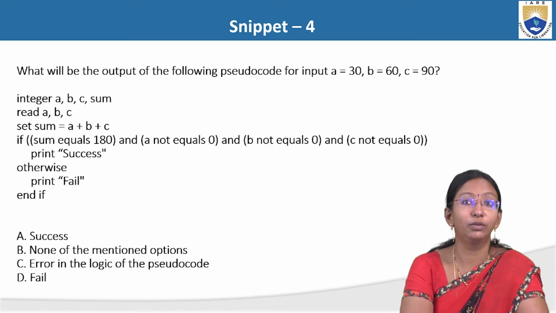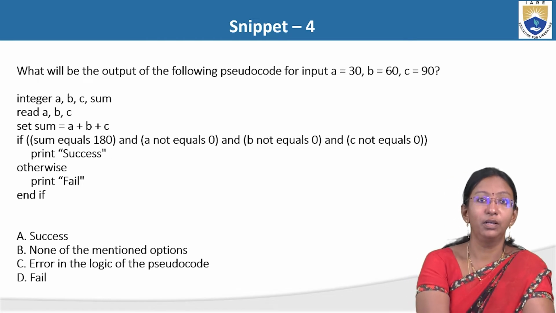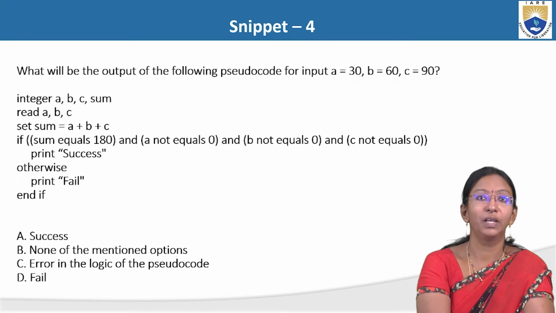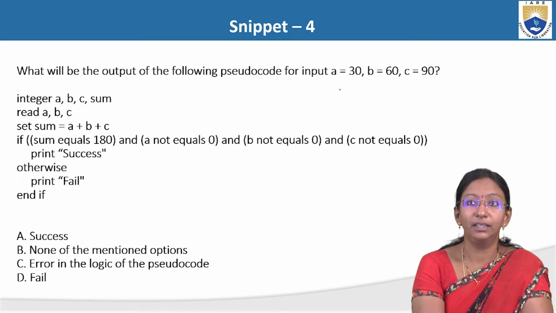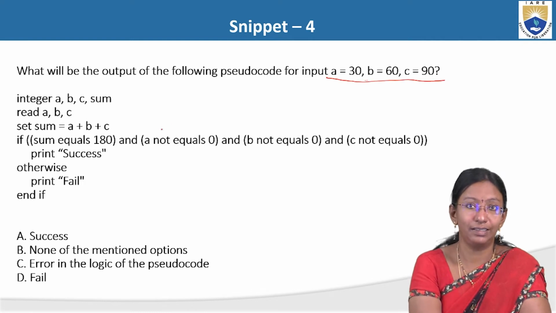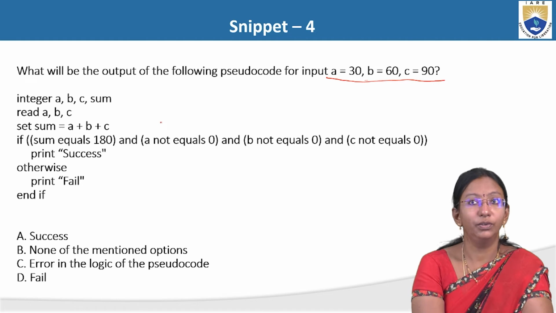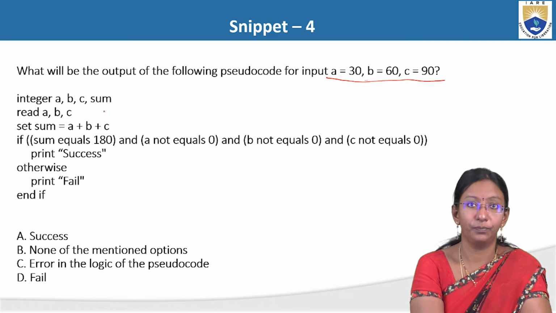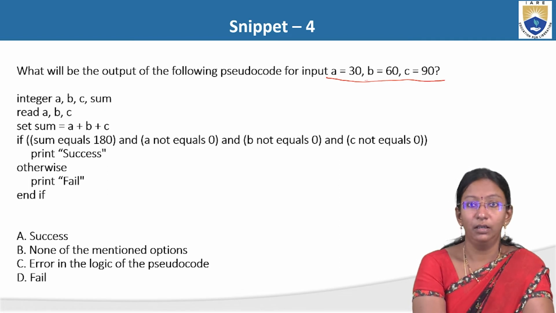Have a look at this one. Don't panic looking at such a huge if condition. It's a simple one. Let's see, guys. They have taken again 3 variables set as A is 30, B is 60 and C is 90 respectively. They have initialized A, B, C and sum as integers.